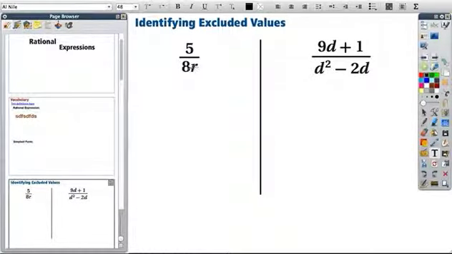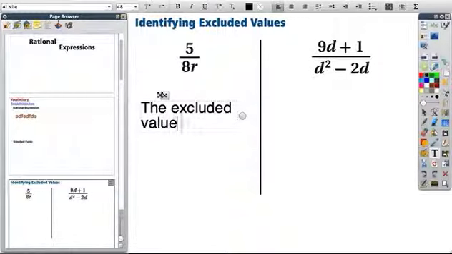So for here, r cannot equal 0, so the excluded value is 0, because 8 times 0 is 0, and you can't have a fraction with 0 in the denominator.